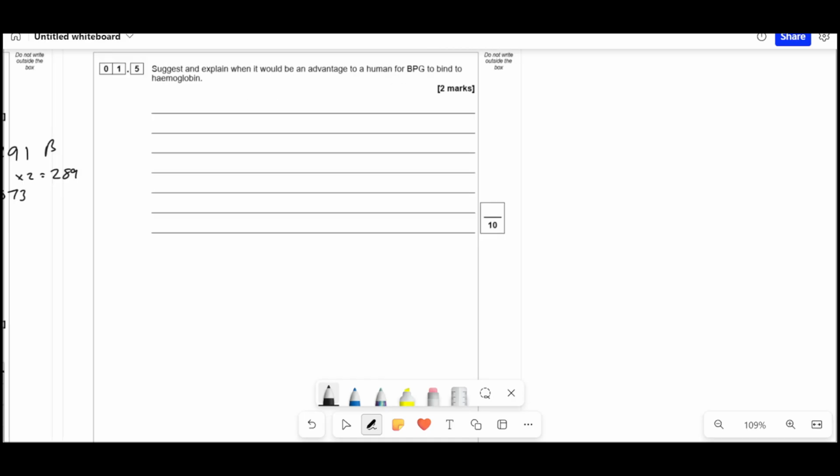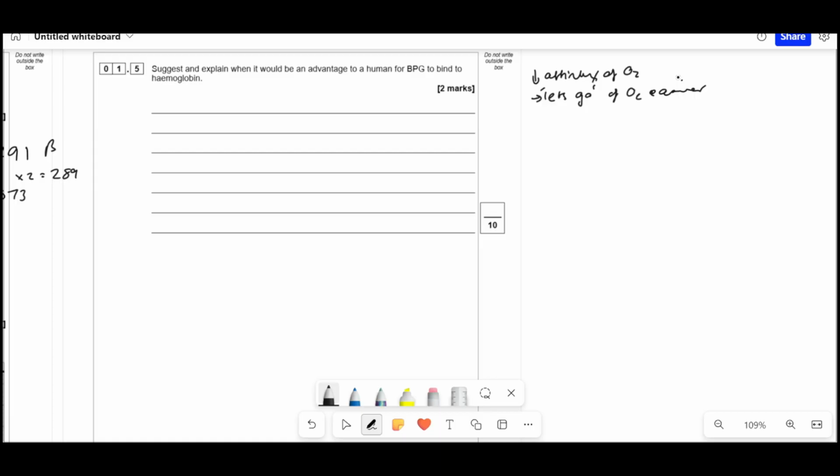So it says, suggest and explain when it would be an advantage for a human for BPG to bind to hemoglobin. Like it said before, if you do that, you have a lower affinity for O2, which means it lets go of the O2 easier. So you need to think, why is letting oxygen go earlier a benefit?